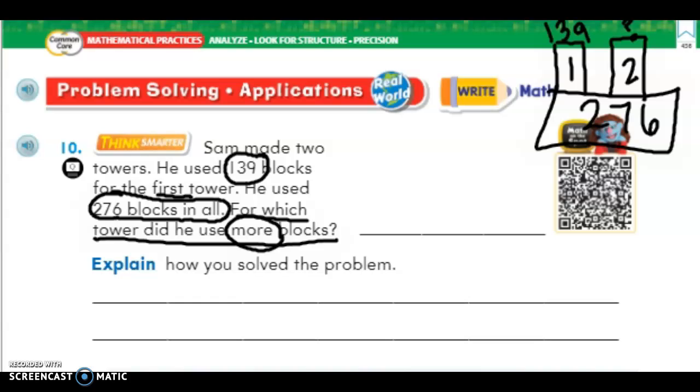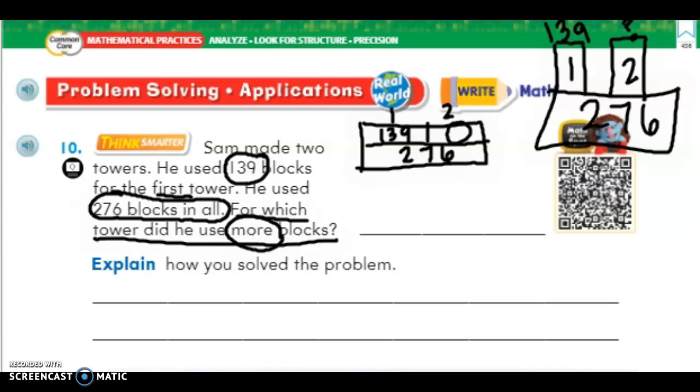So we can think back to our bar models. I'm going to redraw that. The total number of blocks used was 276. The first tower was 139, and we're looking for the second tower. We're looking for this mystery number here. So we're looking for a smaller piece. So we cannot add these two numbers together. If we added these two numbers together, we would not be finding that smaller missing piece.